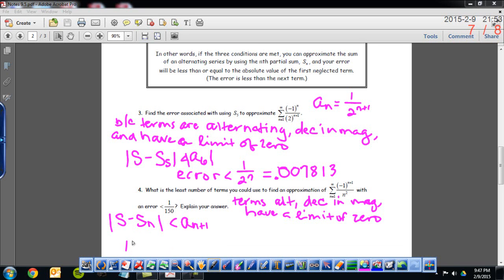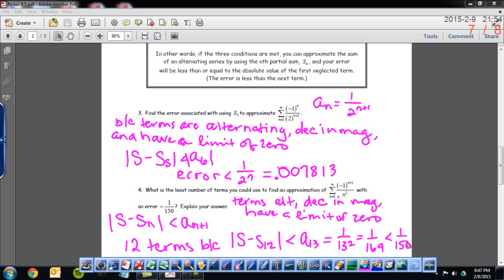So the answer is 12 terms, because s minus s sub 12 will be less than the 13th term, which would be 1 over 13 squared, which is 1 over 169, which is less than 1/50th. So you just have to kind of think backwards on that problem.